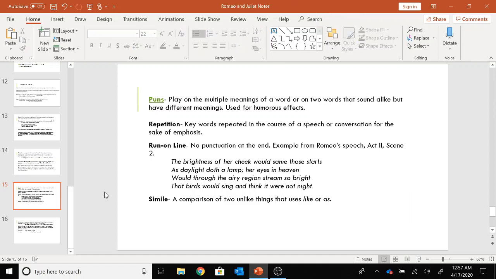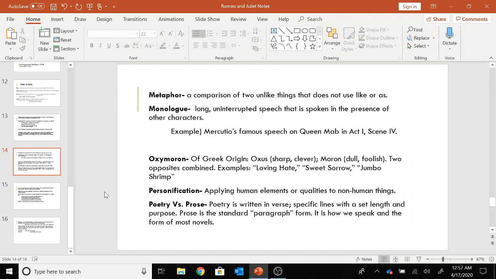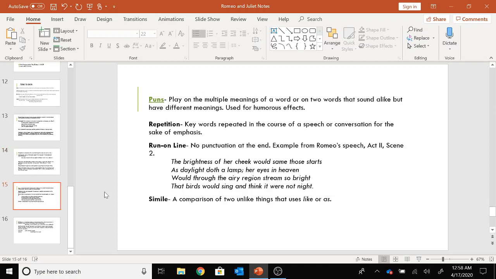Okay? A metaphor is a little bit harder to identify which two things are being compared, so practice being able to identify what two things are being compared in our metaphor, whereas a simile it's a little bit easier, right? This compared to this, using like or as, well, you spot like or as and you identify the two things that it's comparing.